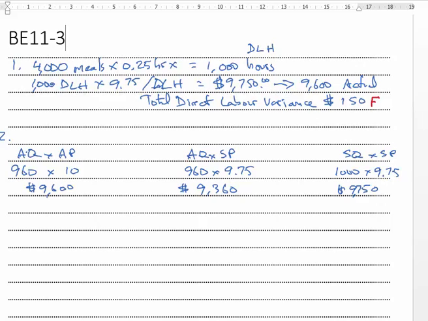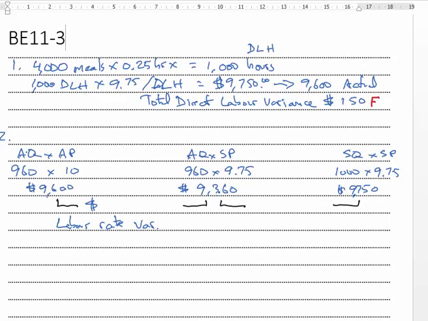So then, as we look at these, what do we get? The price variance, or in this case, the labor rate variance, turns out is unfavorable, right?